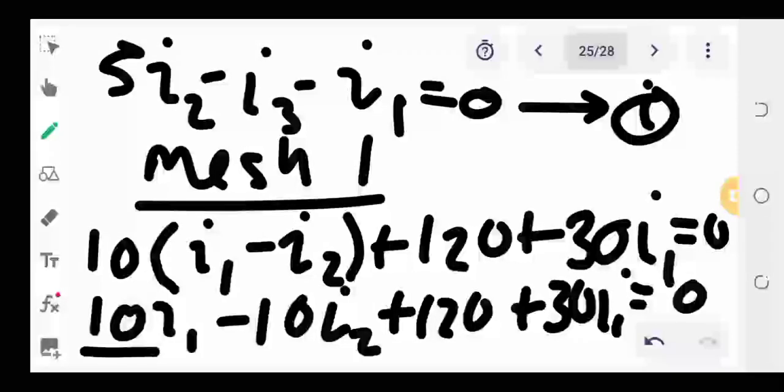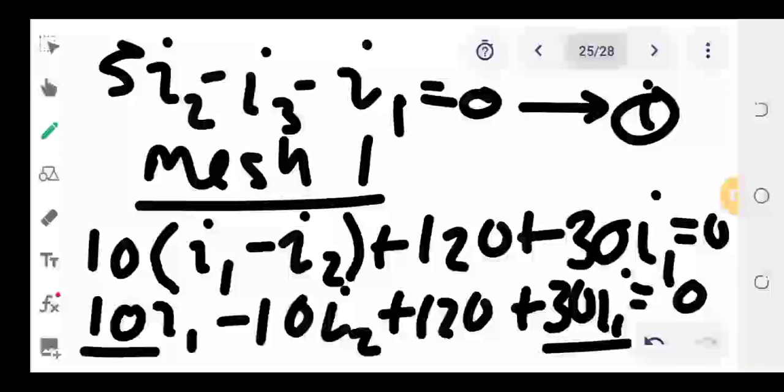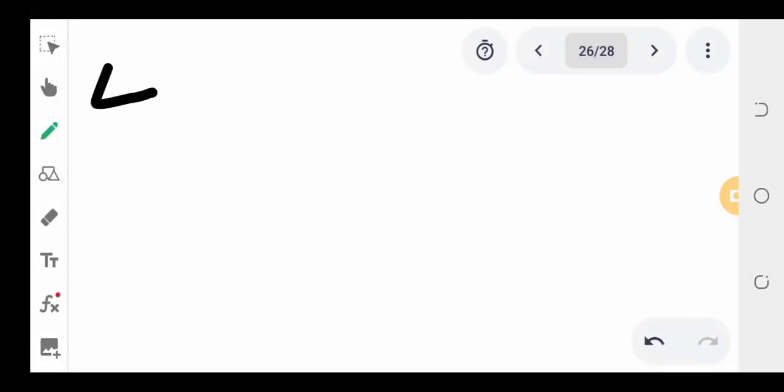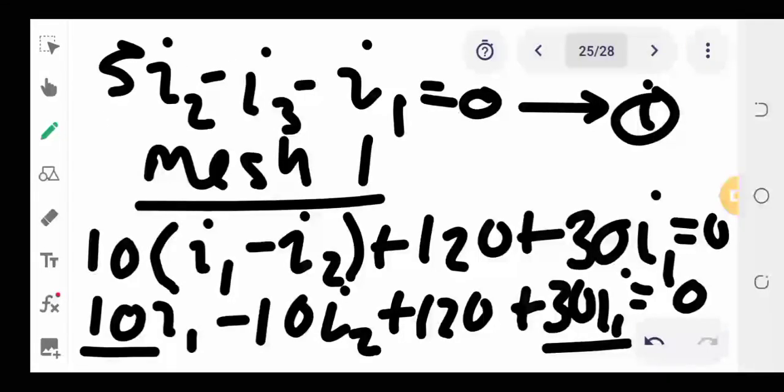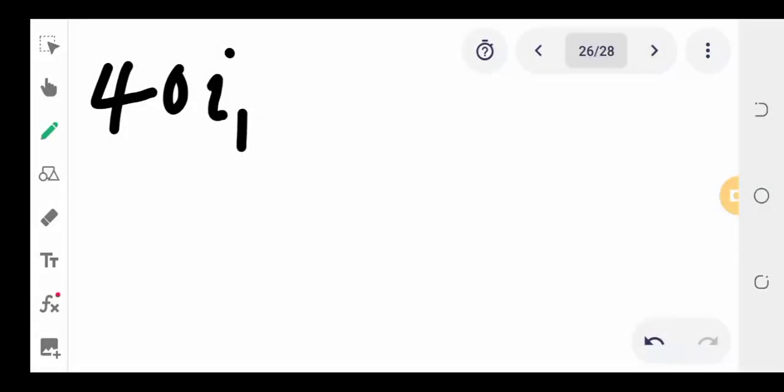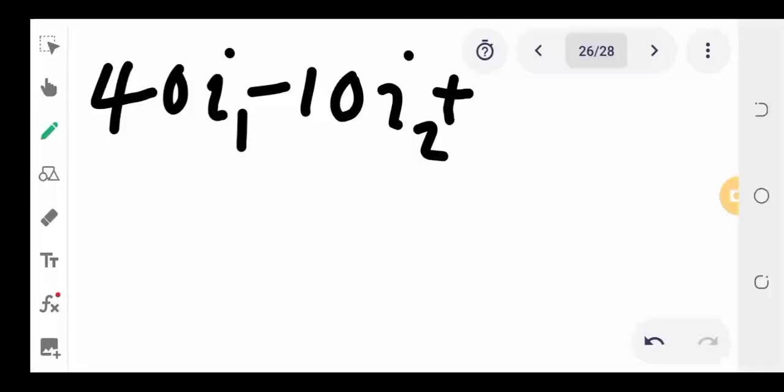So we have got this 10 plus 30 there. We get 40, so we are getting 40 I1 minus 10 I2 plus 120 equals 0.